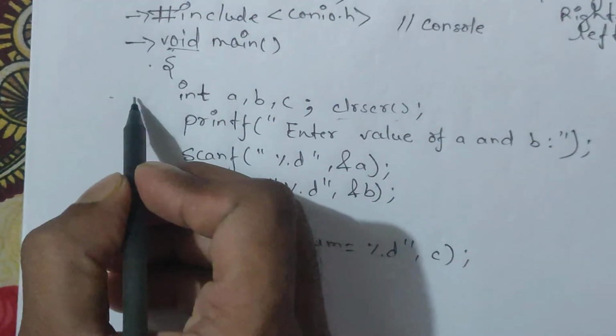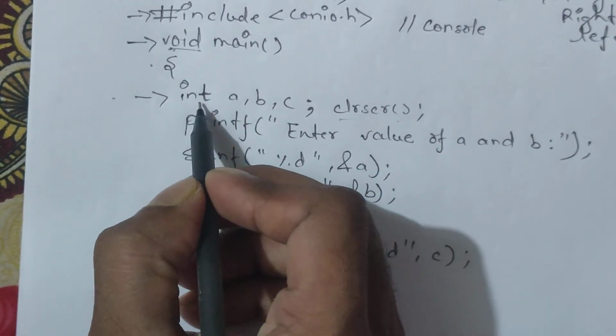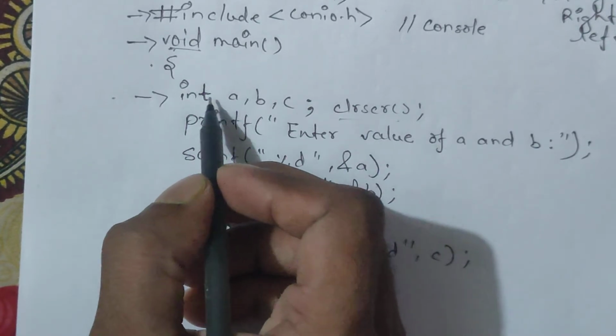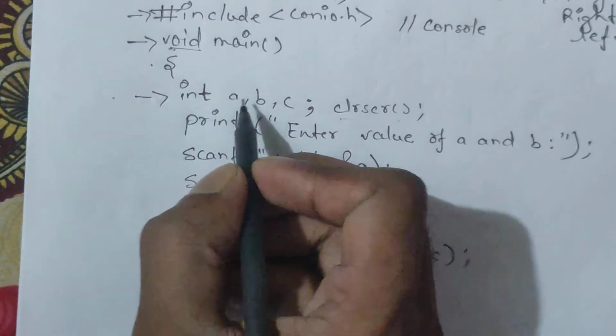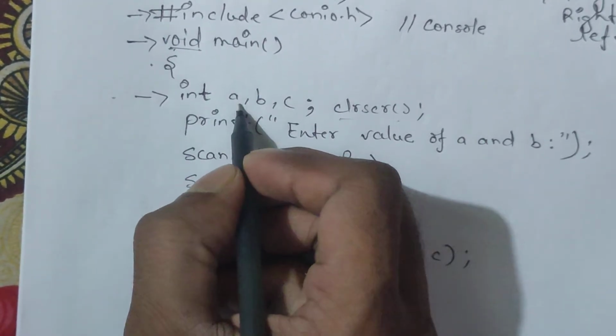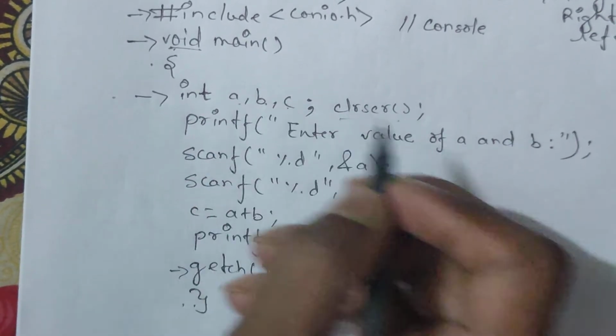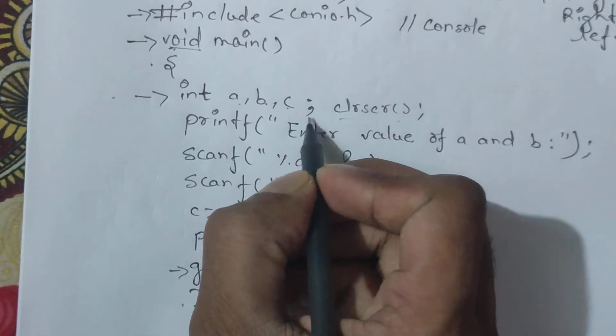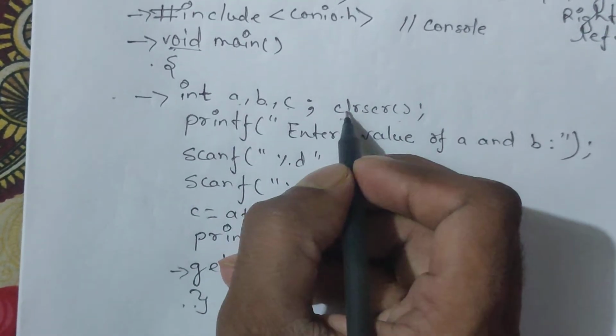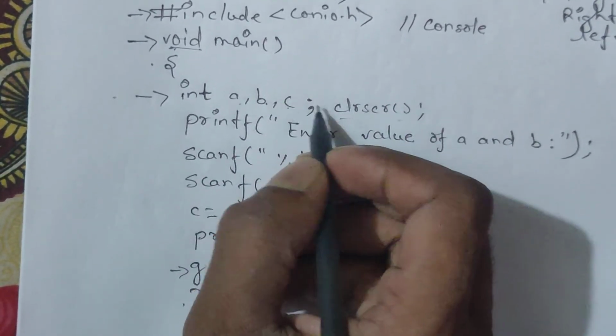So let's see, variable declaration is done, that is integer type of variable. In types we learned about this, and I'm using the same thing: int a, b, c. These are the variables named in small letters. And this is the termination, that's why in one line I can write both of these statements.